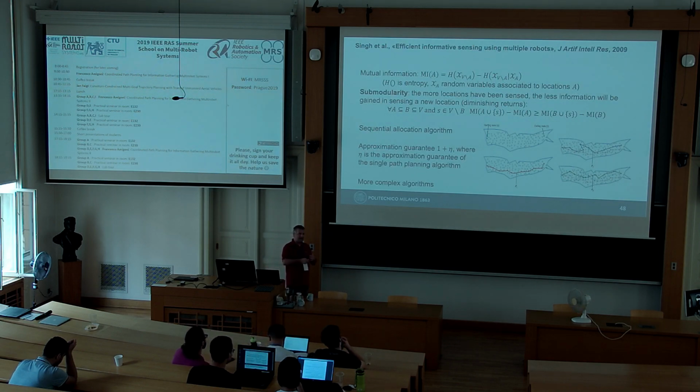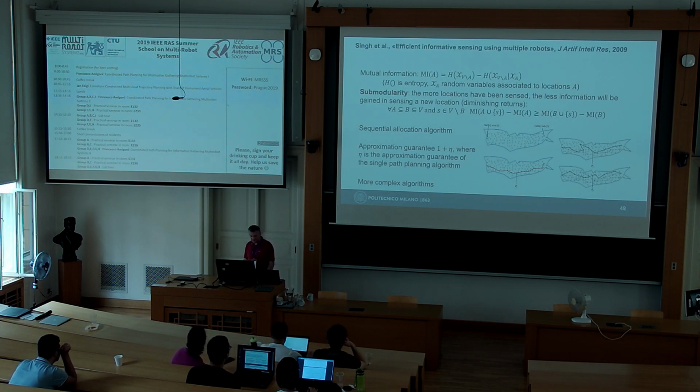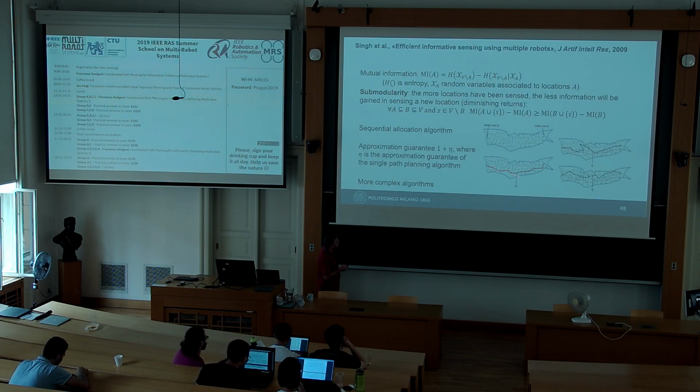So we try planning the optimal path for each robot to add as much as possible to my information gain. And the interesting part of this is that we can have an approximation guarantee on this algorithm that is 1 plus eta, and eta is the approximation guarantee of the single path planning algorithm, so of the path planning algorithm for a single robot.